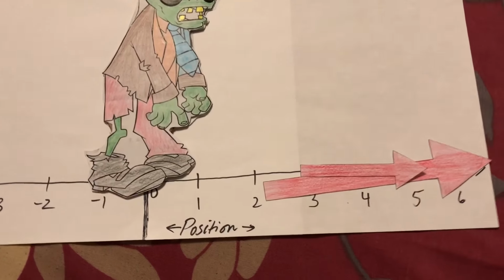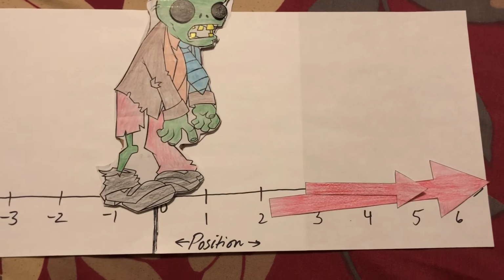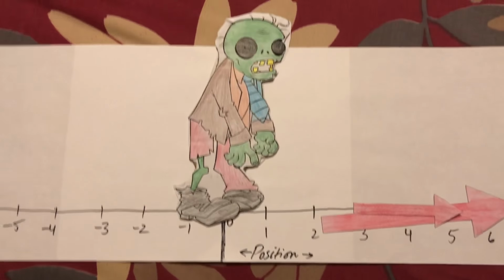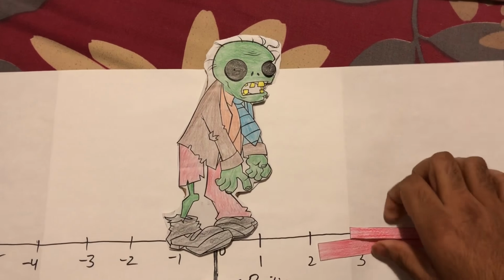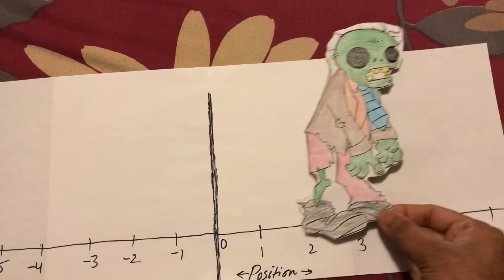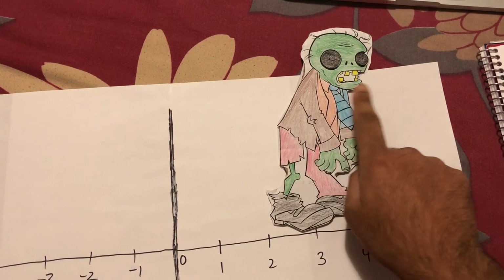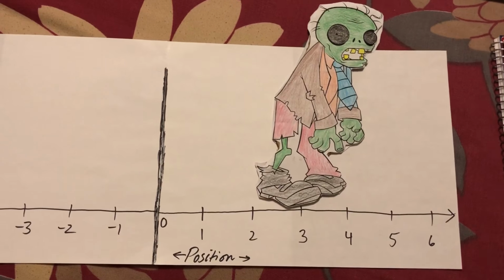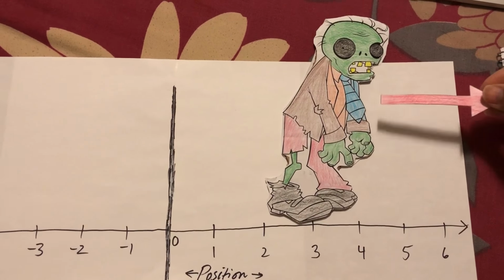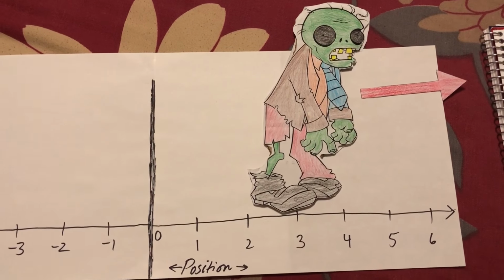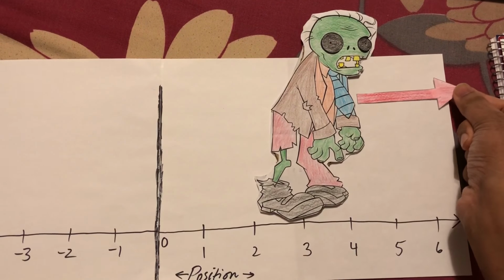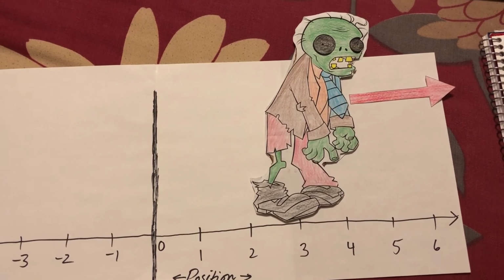I'm going to be using red arrows to show which way the zombie is currently moving. So I'm going to place the zombie at the 3. Since the zombie is facing to the right, it has a velocity towards the right. That's where its speed is pointing.